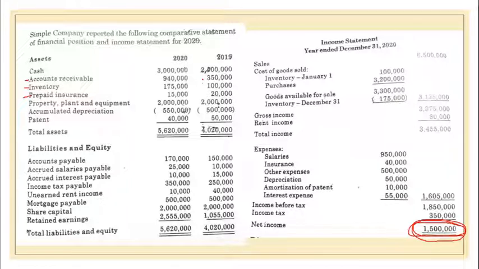If you remember what we did earlier, we adjusted the sales, right? The difference of the 940 and 350 was deducted from our sales of 6.5 million to get your total cash collections from your customers.